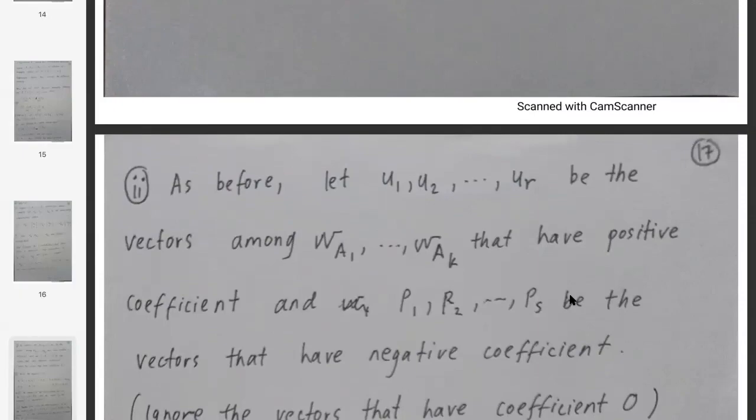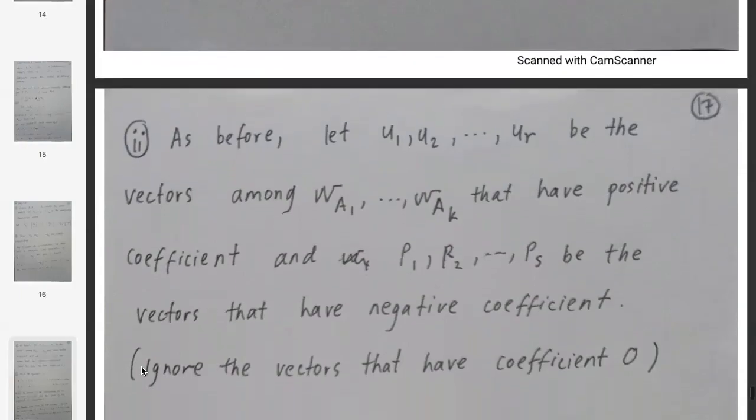So in this linear combination, some of the vectors have a positive coefficient, and some have a negative coefficient. As before, we take the negative coefficient vectors to the right hand side of the equation, and we ignore the vectors that have coefficient 0.